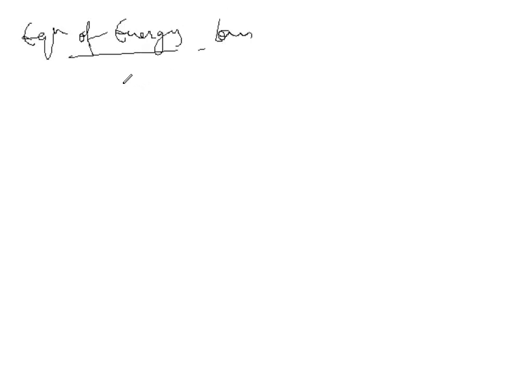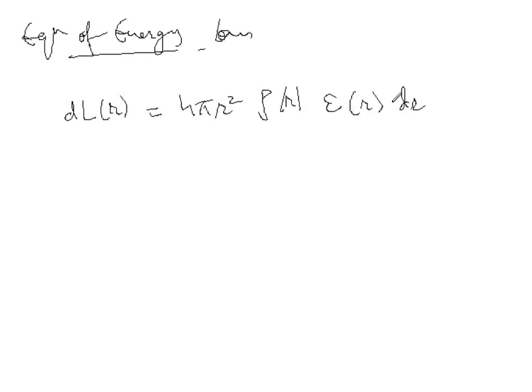Similarly to the mathematical development regarding the conservation of mass, we can also write down the quantity of energy per second, basically luminosity, which is generated inside a spherical shell between radii r and r plus dr, like this: dL(r) is equal to 4 pi r square rho(r) epsilon(r) dr, where rho is basically your local density.